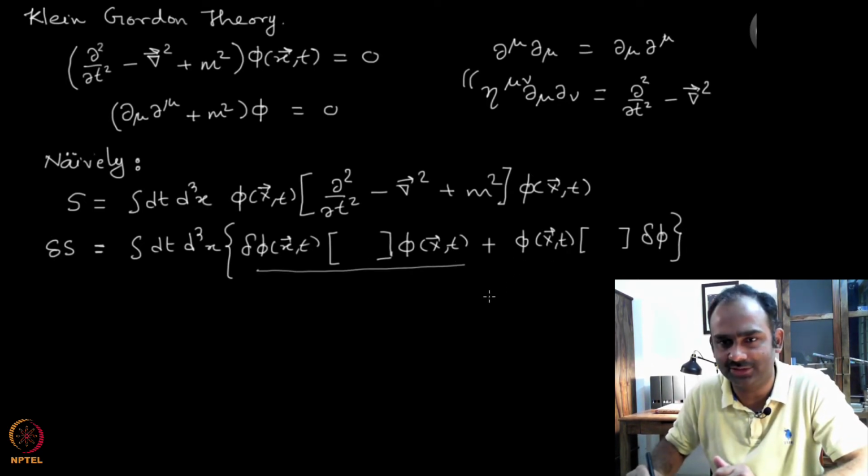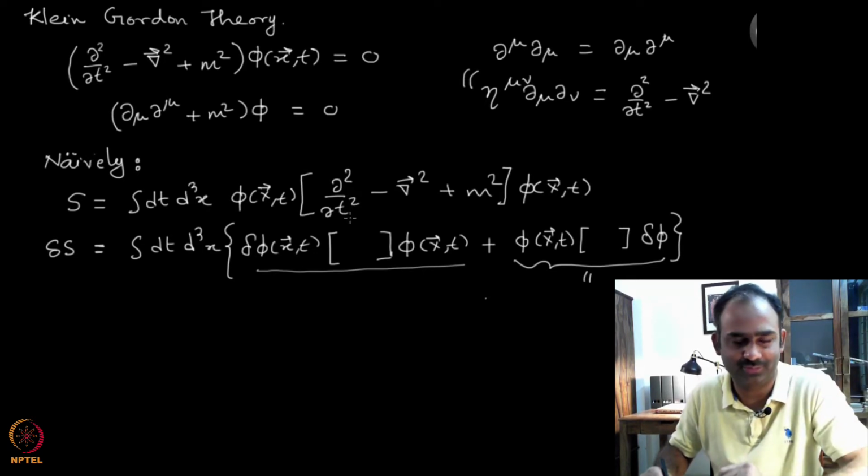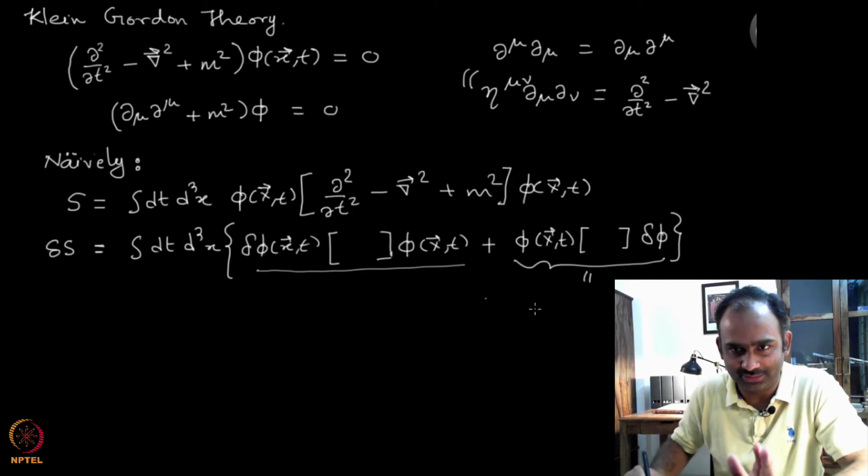Let's look at this one. Because you have two derivatives, every time you put a derivative you get a minus sign, so twice, minus 1 times minus 1, which is plus 1, and you will get delta 2 phi over delta t squared.